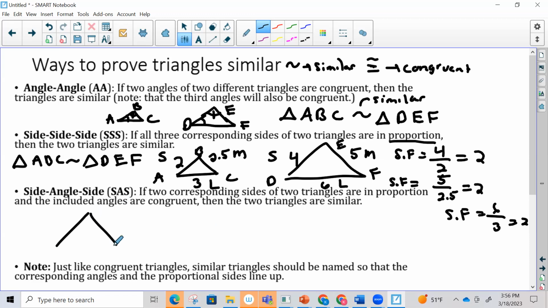So again, for this, we're going to have 2 corresponding sides of 2 triangles in proportion and the included angle.